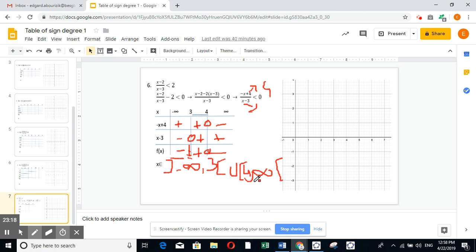So here, if I want to graph it, you have at 3 a vertical asymptote, and you have at 4 a root, which is 0. So it's coming from down, anywhere down, and always it's down. As you can see, I have a vertical asymptote here, always down.